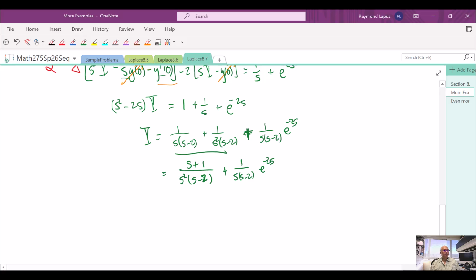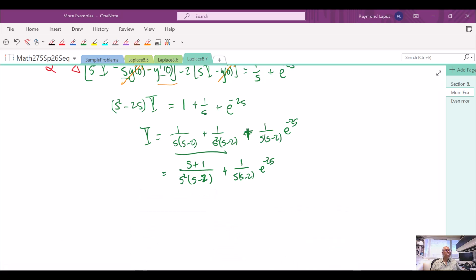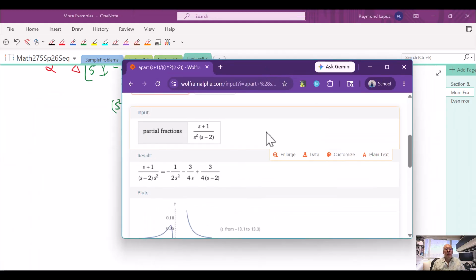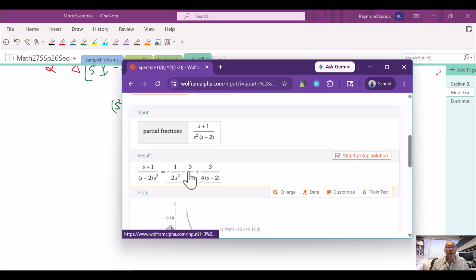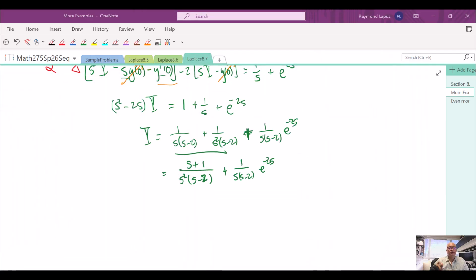All right, let's call on Wolfram one more time. All right, our first fraction looks like this. I'm going to put the s first. I'll put the 3/4 first because it's positive.